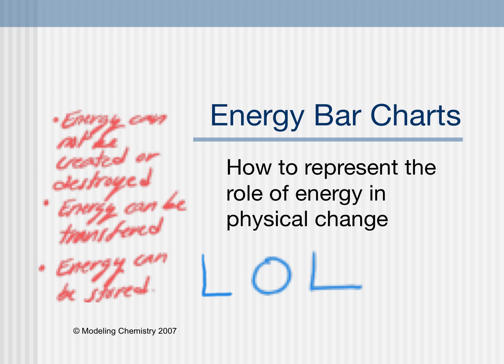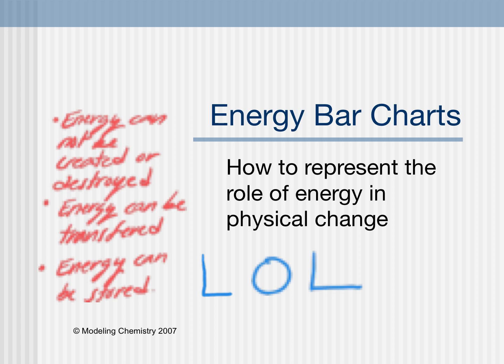What energy can do is be transferred from one thing to another, and energy can also be stored. I know that you've learned some things about storing energy and transferring energy when you were in physics last year. An LOL diagram is a way of seeing how energy is being transferred and how it's being stored in certain systems.